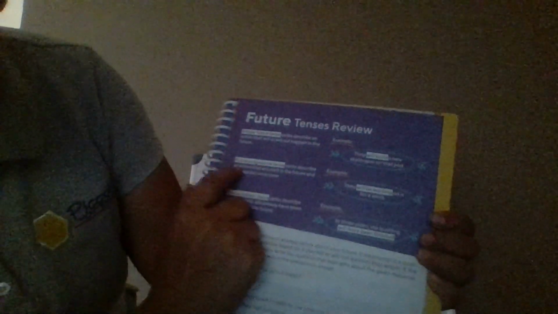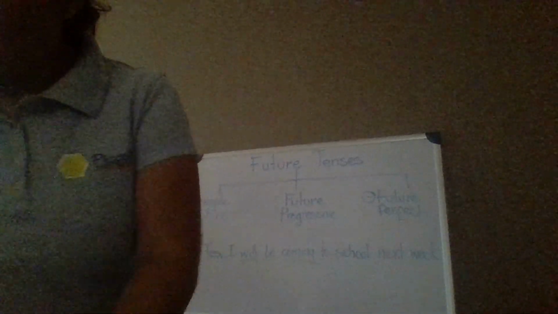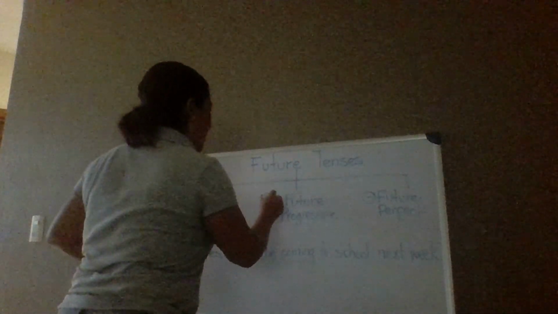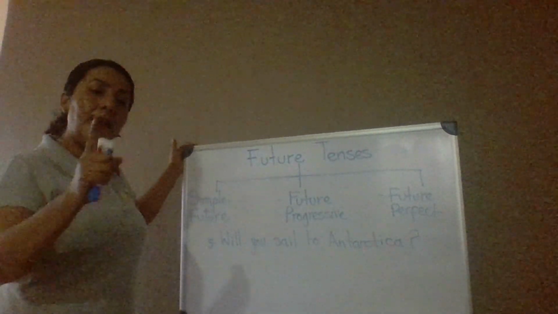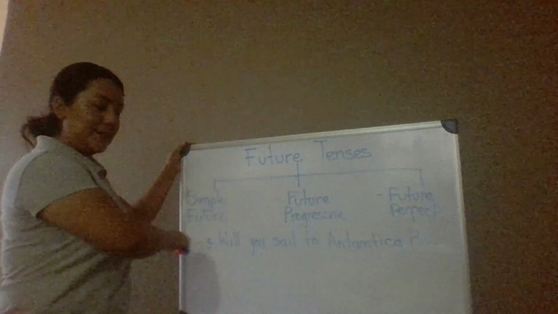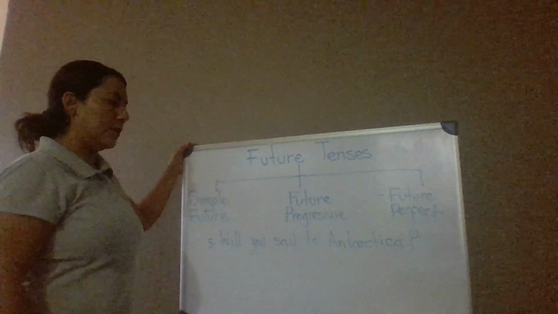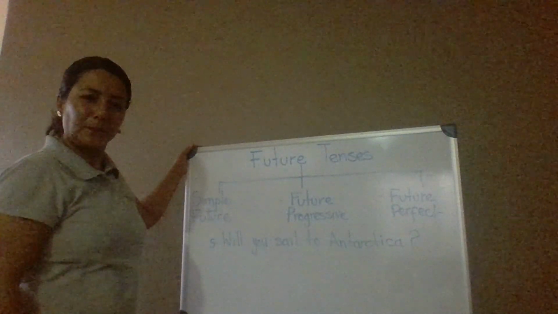Will plus be plus a verb in ing. Yay! So that is future progressive. This is the one we're using, future progressive. Okay, now for number 5, it says, will you sail to Antarctica?